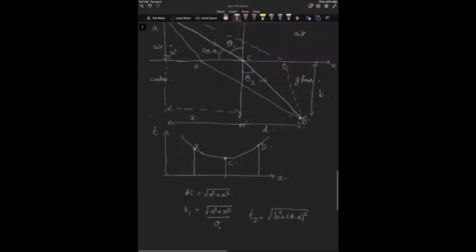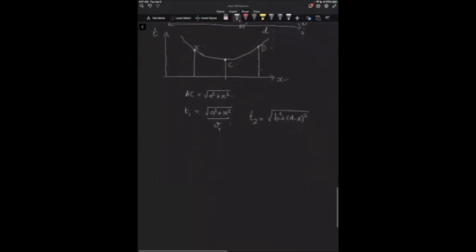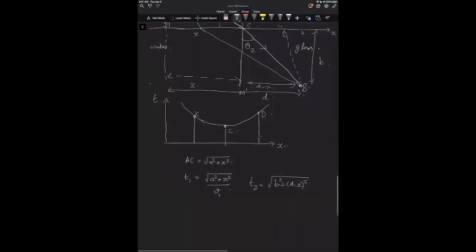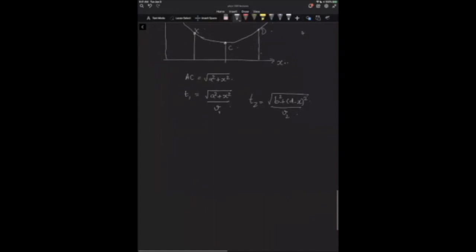Because again, we have a right triangle here, with side b, and the other side, d minus x, which is this distance over here. Squared, plus b squared gives me the hypotenuse of that right triangle, which is the distance BC. And then again, we divide that by v2. Okay, so now all we have to do is write the total time, which is just the sum of t1 plus t2.